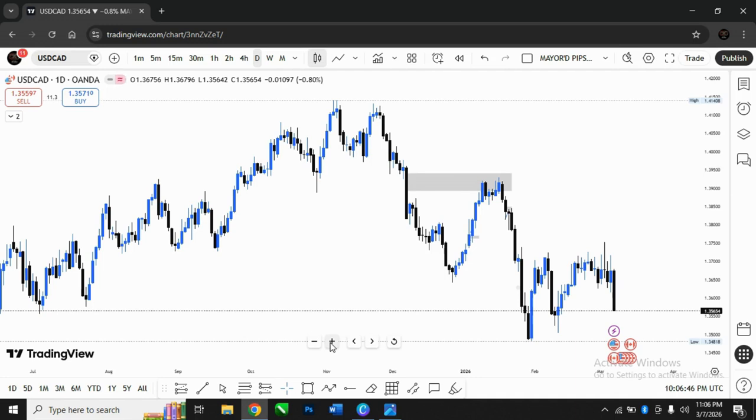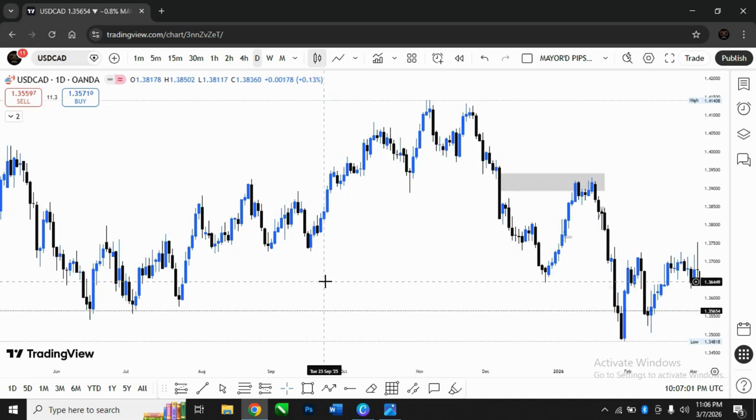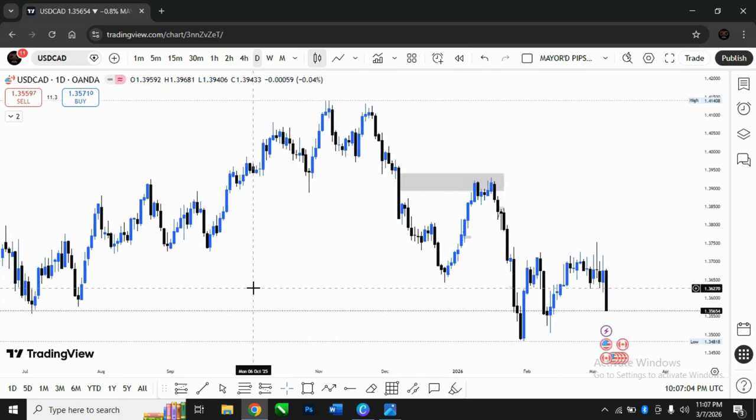The left side of your market carries the historical market data, the past data of the forex market. With the help of your past data, you would be able to understand where your current market price is trading to, where your current market price is about to bounce back from.